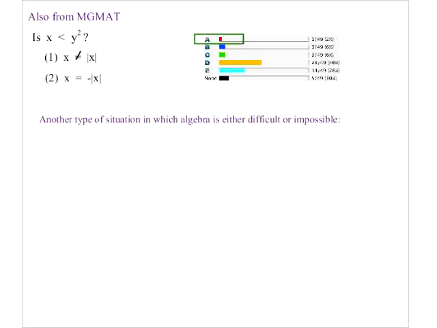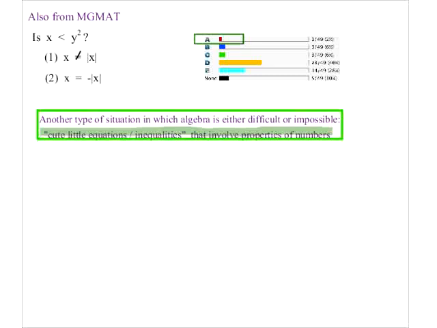And they're not going to tell you that they involve properties of numbers. You have to kind of learn that through experience. So what is the property of numbers that applies all over this question? Remember, when we say properties of numbers, we're talking about odd, even, positive, negative, integer, fraction, stuff like that.